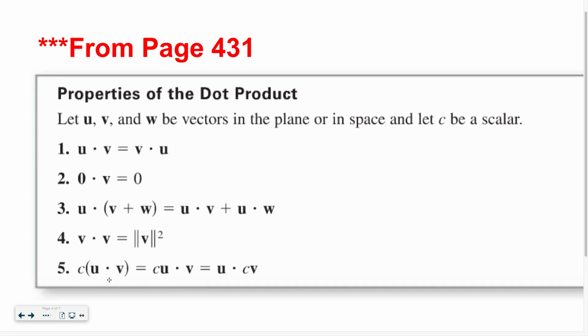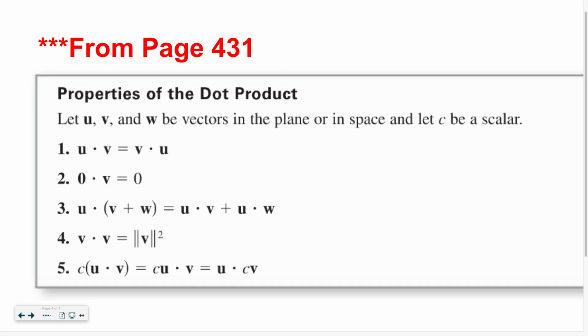You don't have to write anything down here necessarily. If you want to put page 431, properties of dot products, just so that it exists in your textbook, you can. If you just glance over these, they should make sense to you.